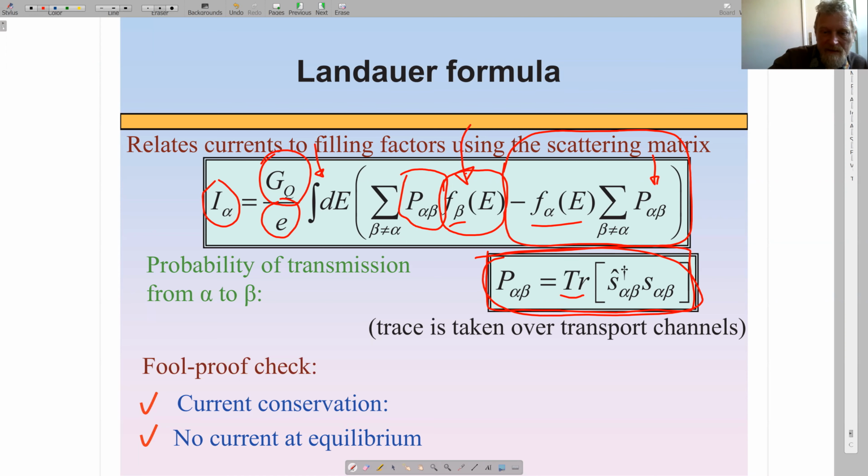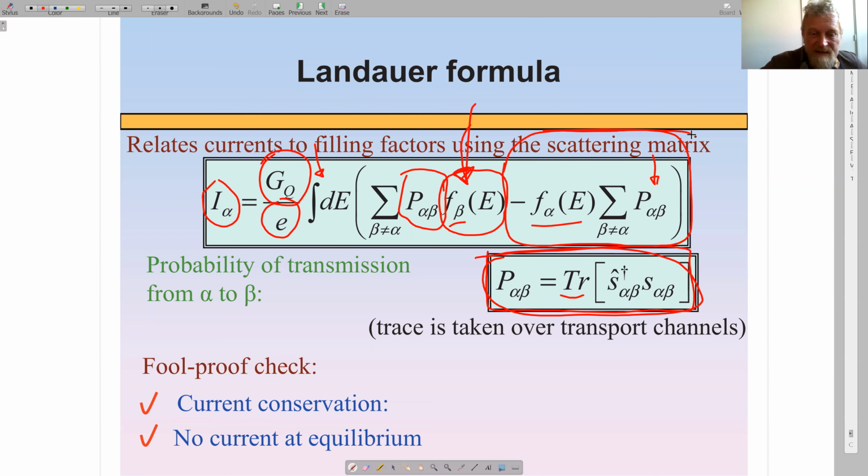Well, this is clear. Those are electrons which are transmitted from terminal beta to terminal alpha. How about this term? Martin, not going electrons from terminal alpha to any terminal beta.